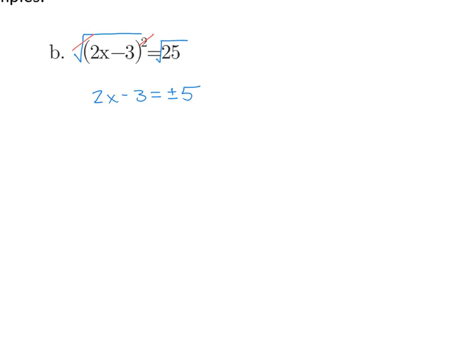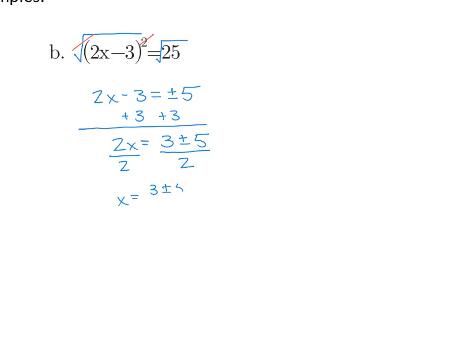Alright, we want to finish solving, so I'm going to add 3 to both sides. We get 2x equals 3 plus or minus 5, and then I can divide by 2. So we get x equals 3 plus or minus 5 over 2, and now I want to separate this out.